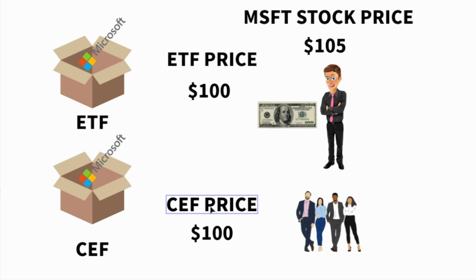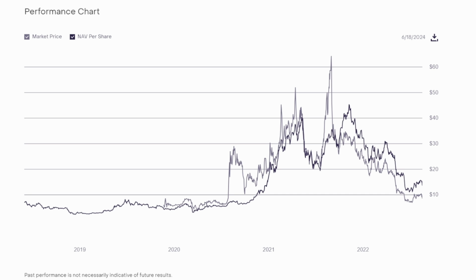And the most famous example is the Grayscale Bitcoin Trust. The Grayscale closed-end fund, GBTC, shows the market price, meaning the price you can buy this CEF for, and the net asset value, meaning how many Bitcoins were in that box and what they were worth. And in the 2020s, this thing was selling for a lot more than the Bitcoins in the box.